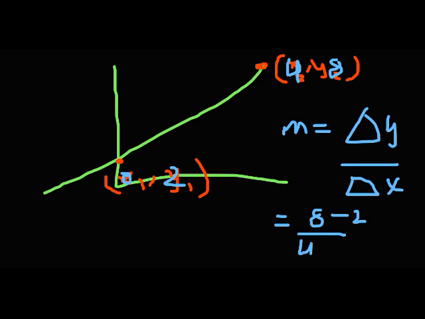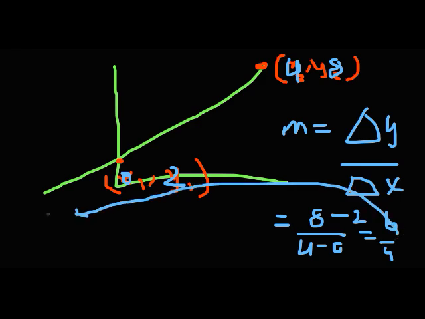So 4 minus 0, what do we get? 8 minus 2 is a 6, and 4 minus 0 is 4. So 6 over 4 gives us 3 over 2, which is 1.5. So here we can easily find that the gradient is 1.5.